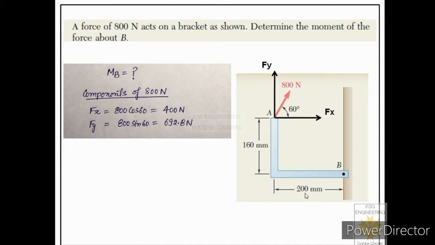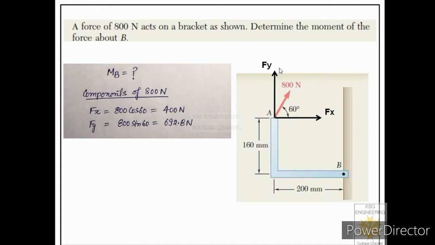But now we have to see the nature of the moment produced by this particular component. In order to find its nature, we have to see the closest path. You can see that if we consider this path, this is the closest path which this vector can travel to reach this moment center. But if it travels in this manner, that is the longest path, so we will not consider that. So closest path is this.